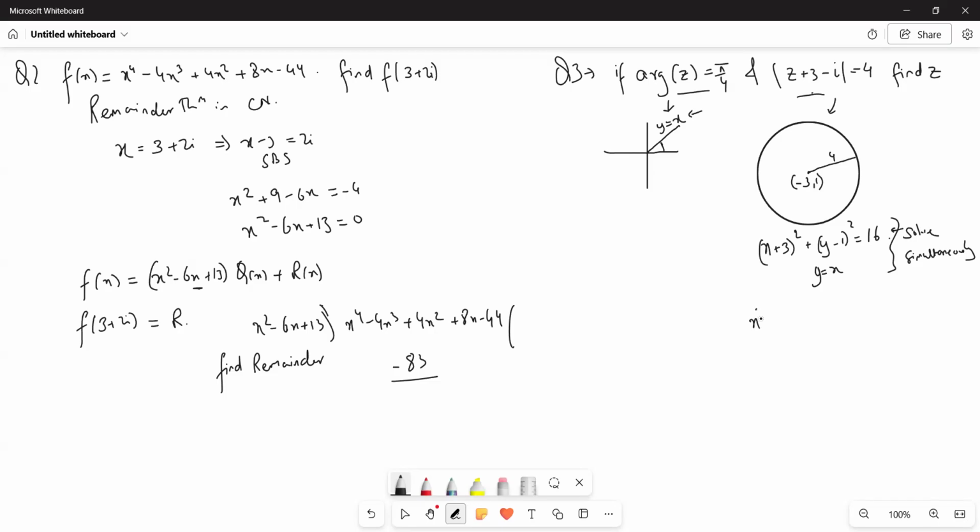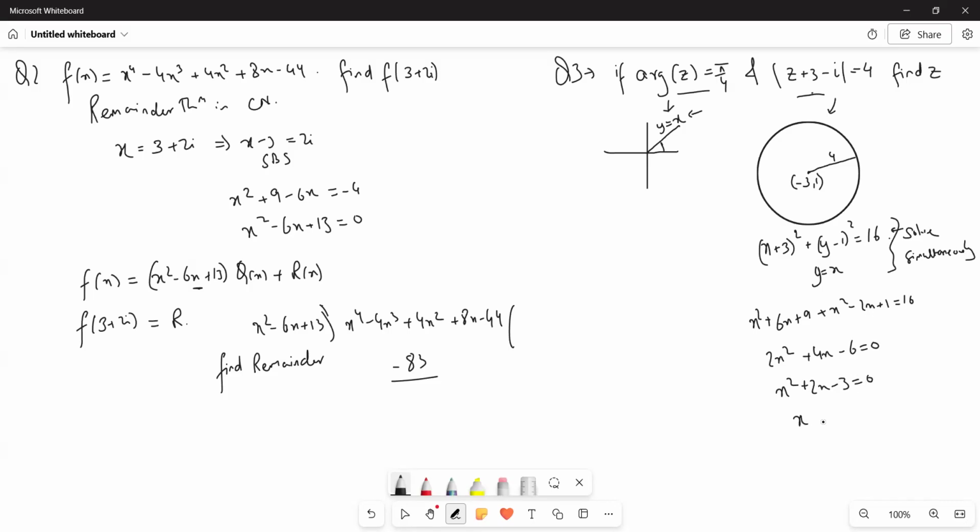We have x square plus 6x plus 9 plus x square minus 2x plus 1 is equal to 16. Solve the quadratic. 2x square plus 4x, 9 plus 1 is 10, minus 16 is equal to 0, और x square plus 2x minus 8 is equal to 0.